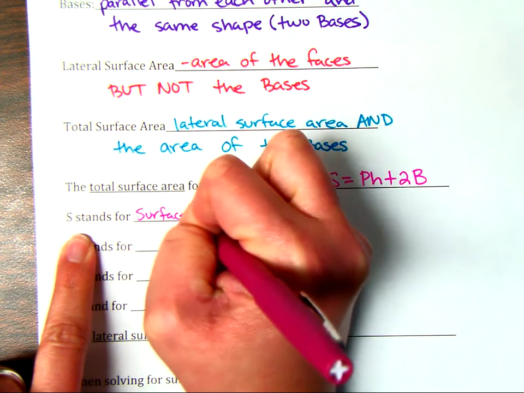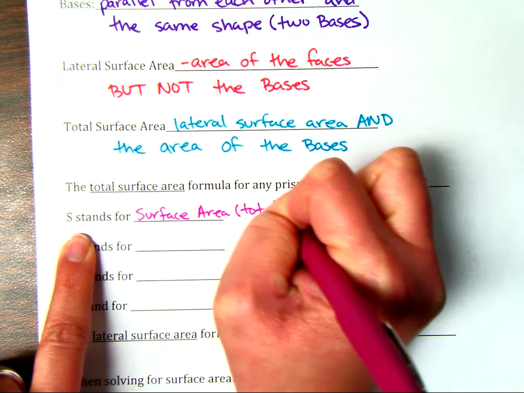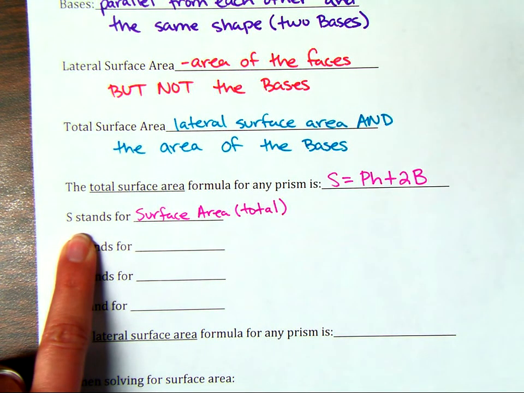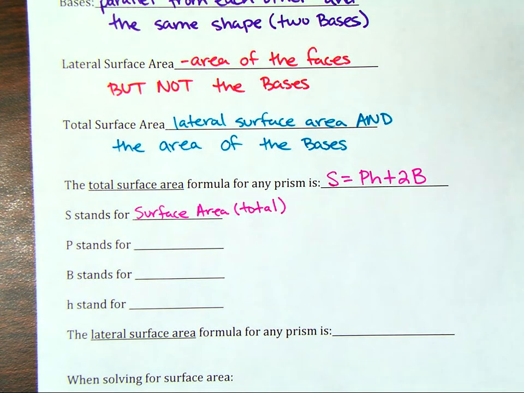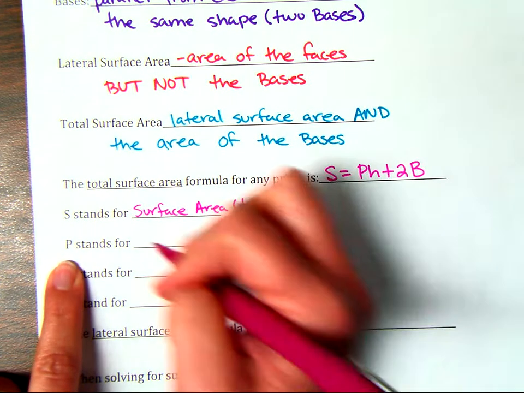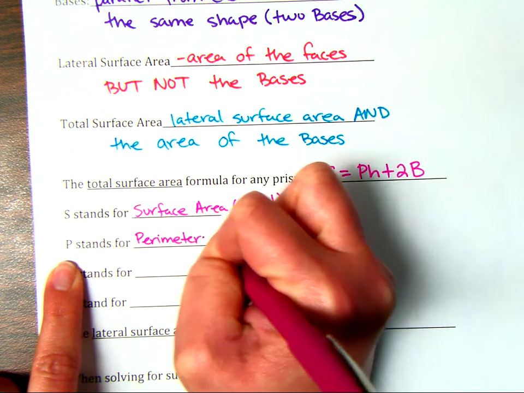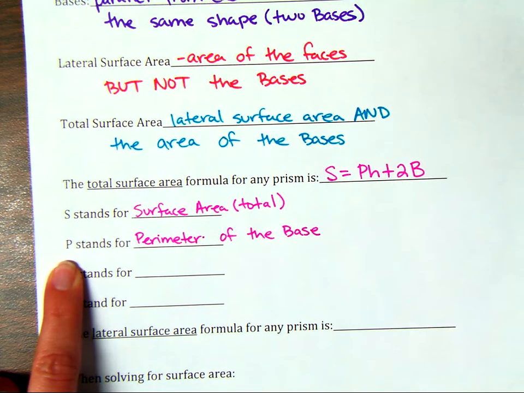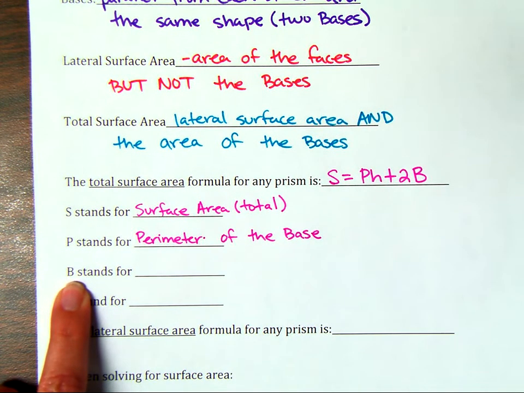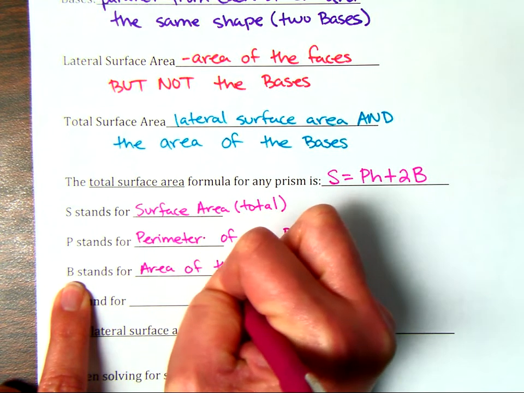But not just surface area. I'm going to put this in parentheses. It actually means our total surface area, so not lateral surface area. If it was just lateral surface area, that just means the area of each of those faces. The P stands for the perimeter of the base. The capital B stands for the area of the base.